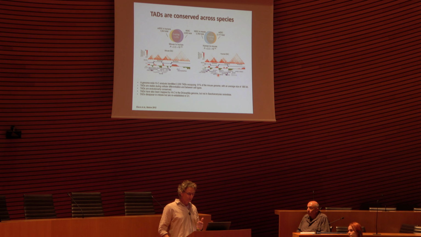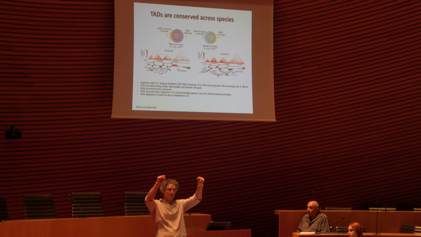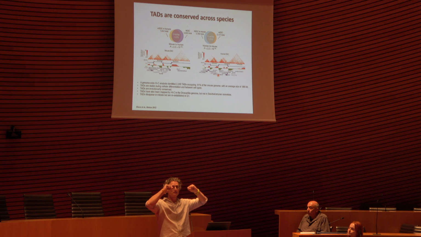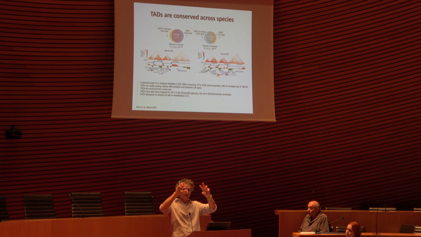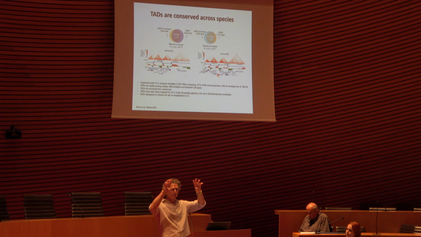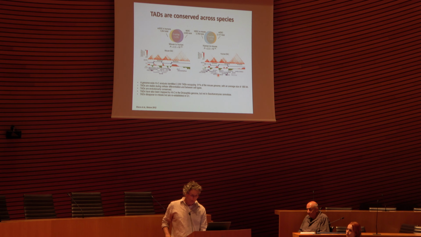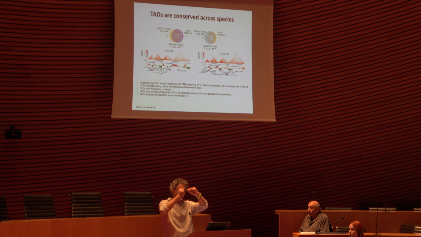Basically, what I want to say is that if we look at two different cells that have two different functions, meaning they have different genes that need to be expressed and regulated, we thought that the chromatin organization in those two cells would be totally different, so different enhancers can activate different genes. But what was found, this is what you see here in the red triangle, is that the structure of how the chromatin is organized between different species and different cell types is basically the same.